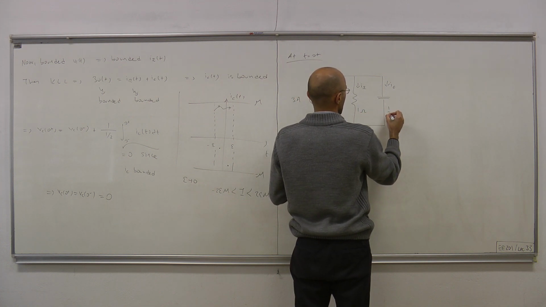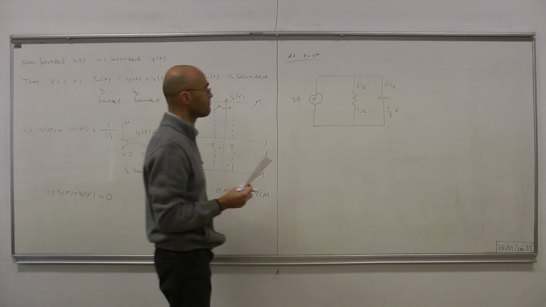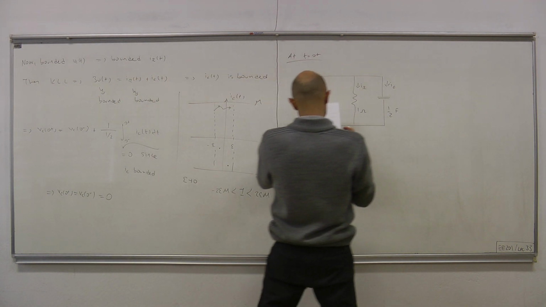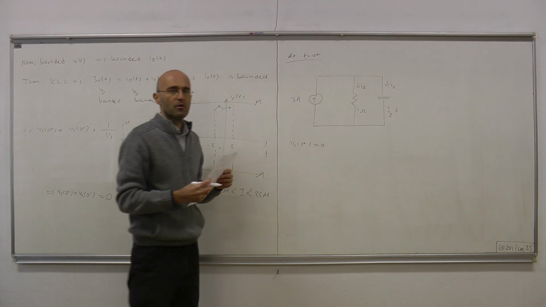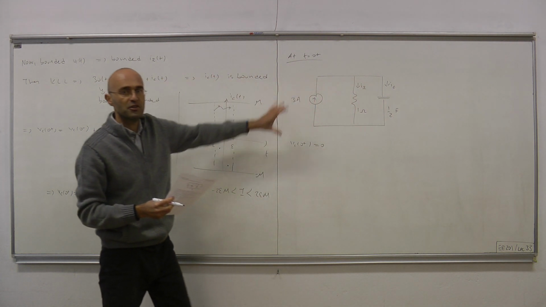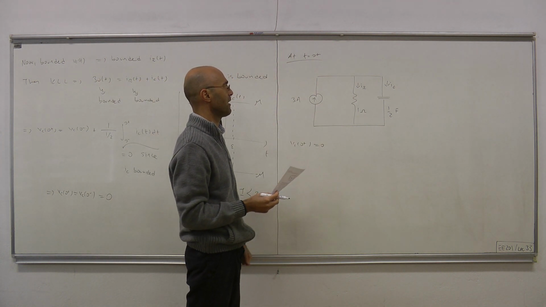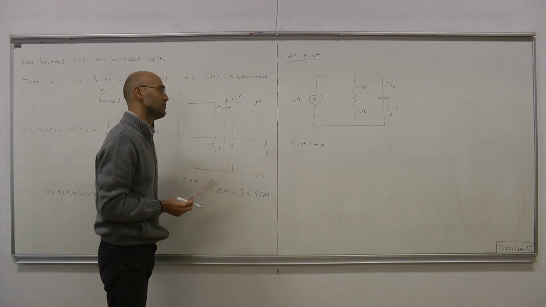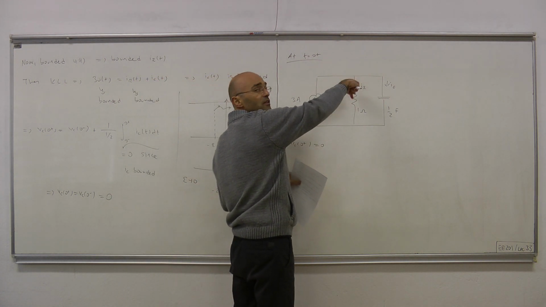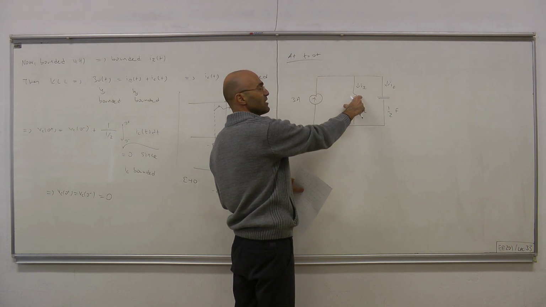Okay, 1 over 1/2 phi. So what we know is VC 0 plus equals 0. Therefore, all these voltages are 0 because there is a single voltage. Everything is parallel. 0 voltage drop across the terminals of the resistor means that its current is 0. If this current is 0, it means that this behaves like an open circuit.